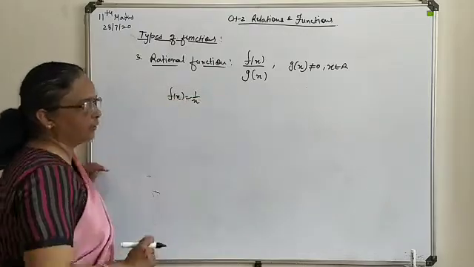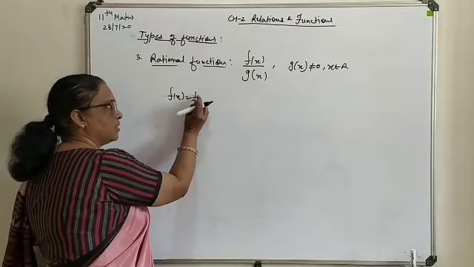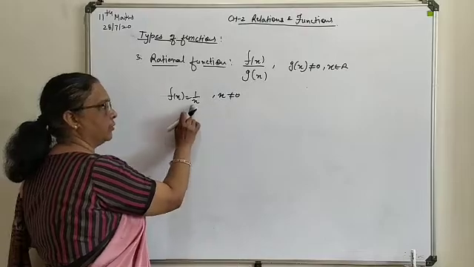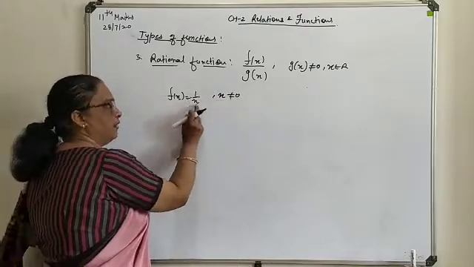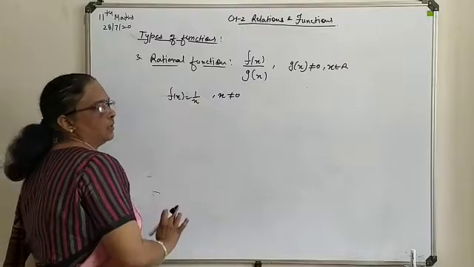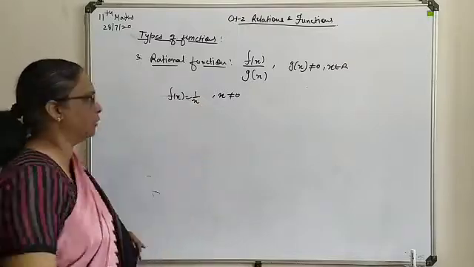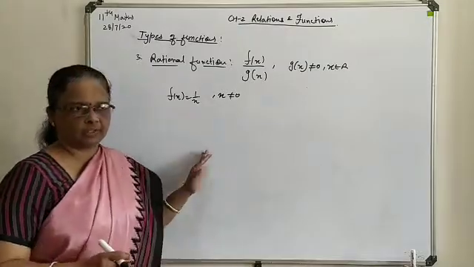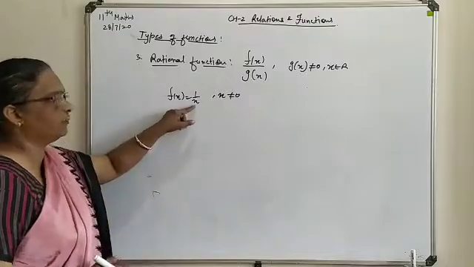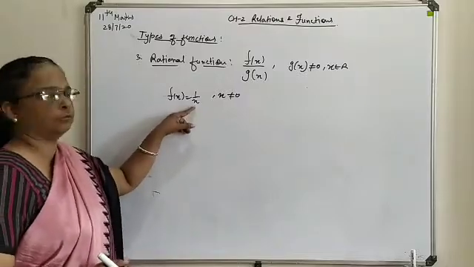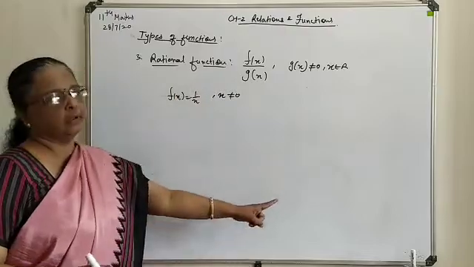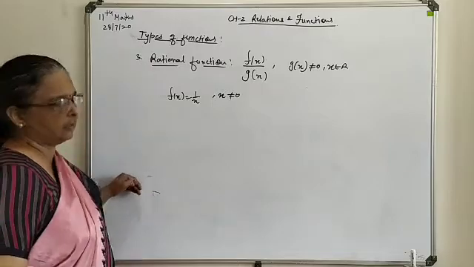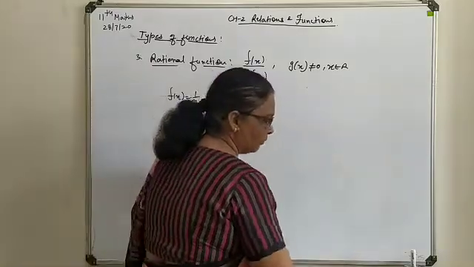If you make a graph of that, at 0 this is 1 upon 0, so this is the limitation regarding your function: x should not tend to 0. If x tends to 0, 1 upon 0 tends to an indeterminate form, meaning infinite. An infinite value we can't plot on a graph, so that value you have to skip in the selection. Now if you go for positive values, suppose 1 by 2, 1 by 4 like that, the value will keep on decreasing. The same format you will have in terms of negative solutions. So if you make a curve of this one, you will have this format.